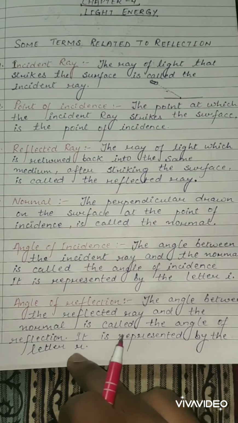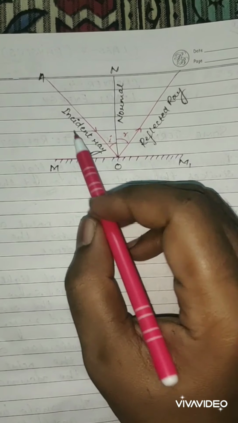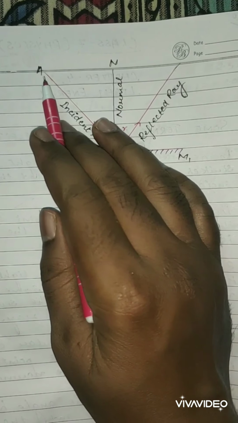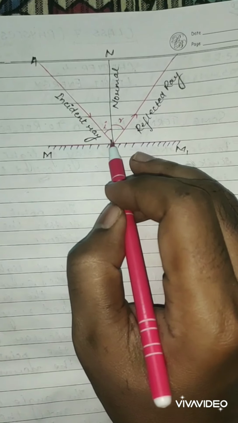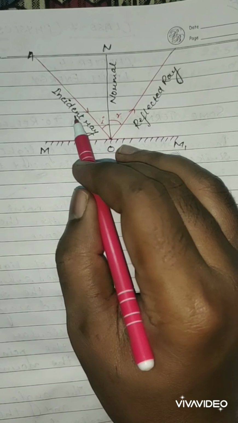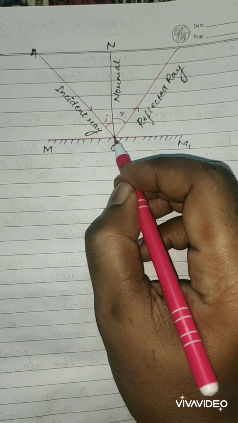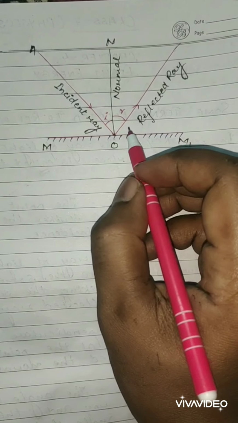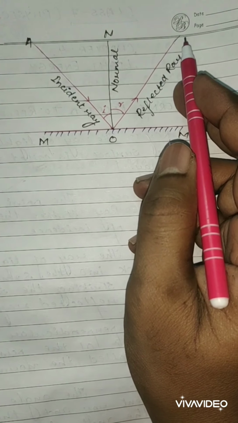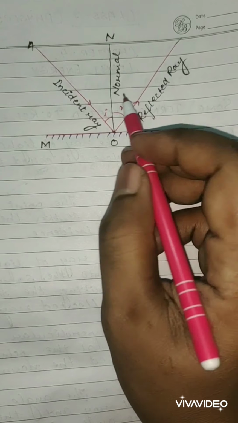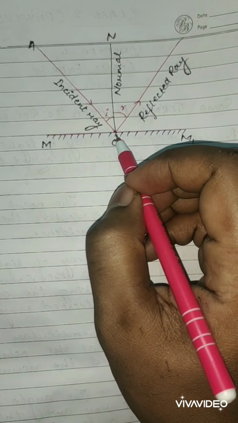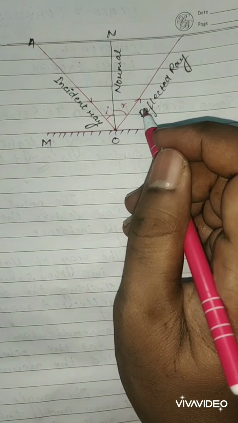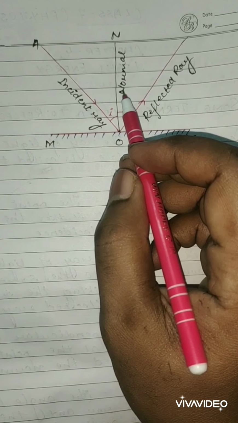So let's see how the diagram is made. As I have told you, the ray of light which is striking the surface is called the incident ray, the point where the light is striking is called the point of incidence, and when it goes back it is called the reflected ray, and the perpendicular line between the incident ray and the reflected ray is called the normal.